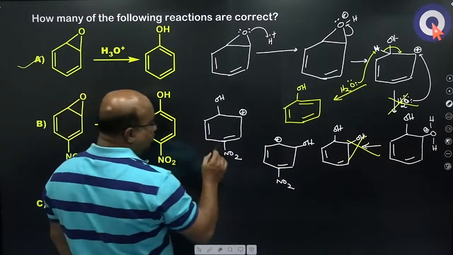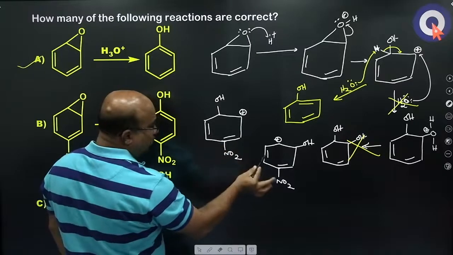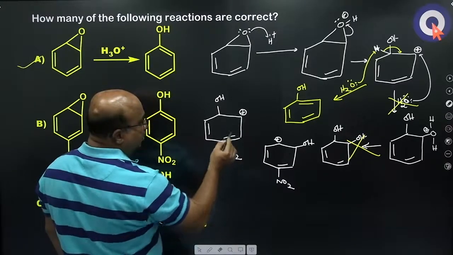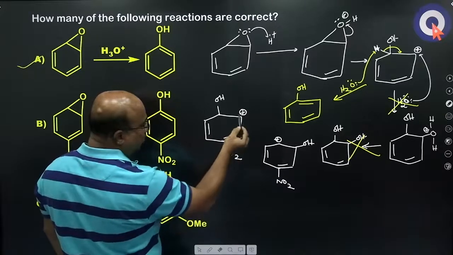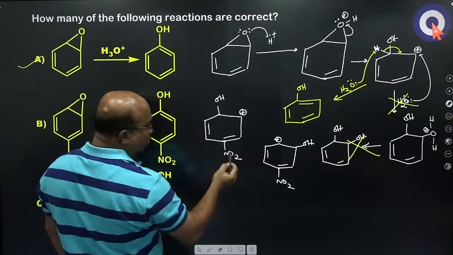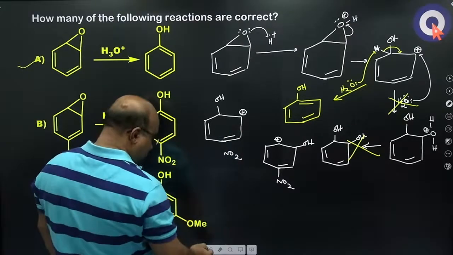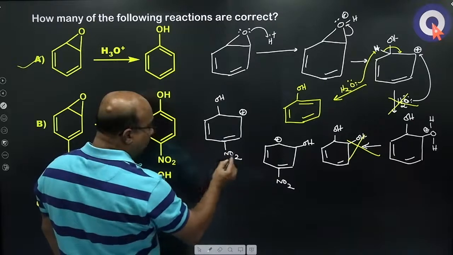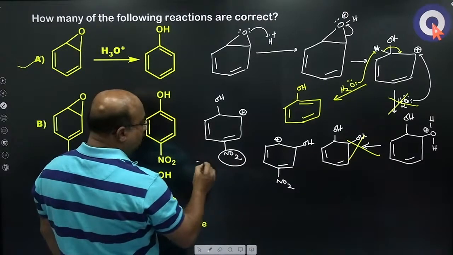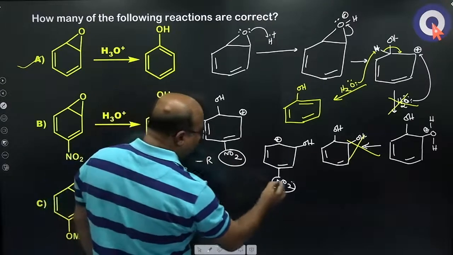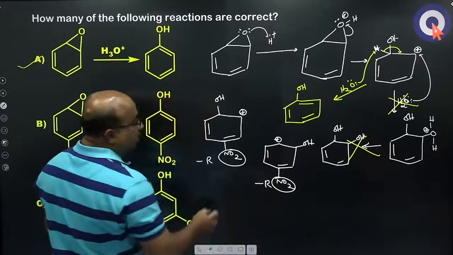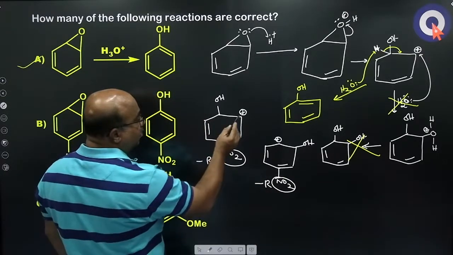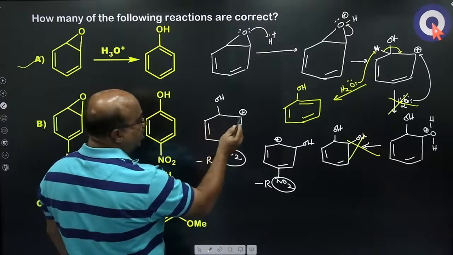If you just see these two cases, the positive charge is at the meta position with respect to this. So this NO2 group cannot behave like a minus R affecting group here. This NO2 cannot develop the positive charge again at the same carbon.